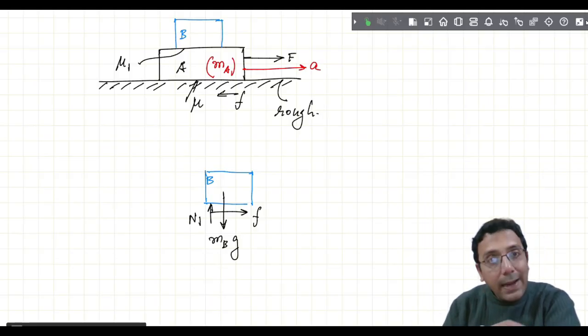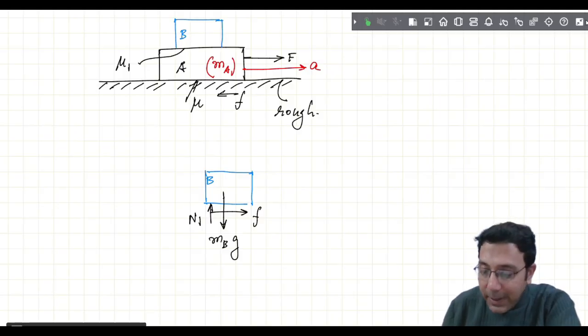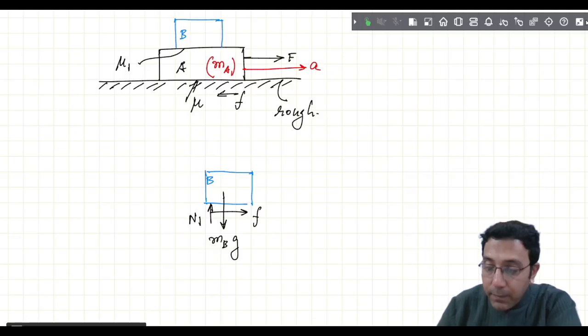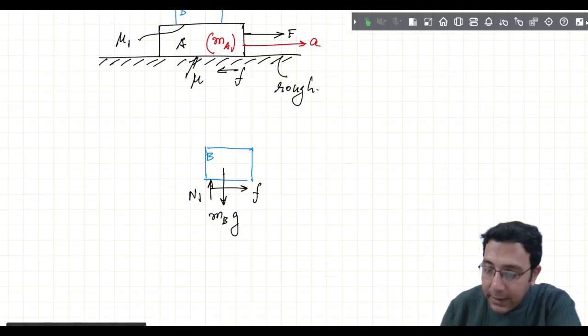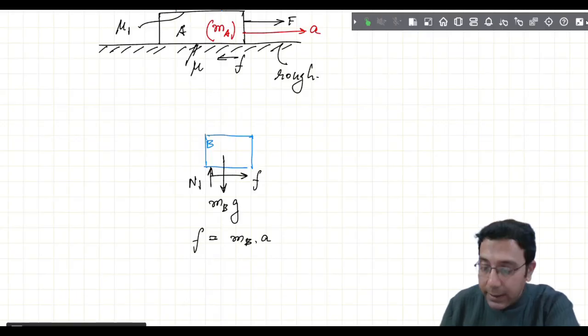N1 will act because that is the reaction body B gets from body A. So this will be the free body diagram for body B. Here we can write that F is not acting there, so only friction should be equal to mb into a, because the body is accelerating, of course, and it is mb, not ma.